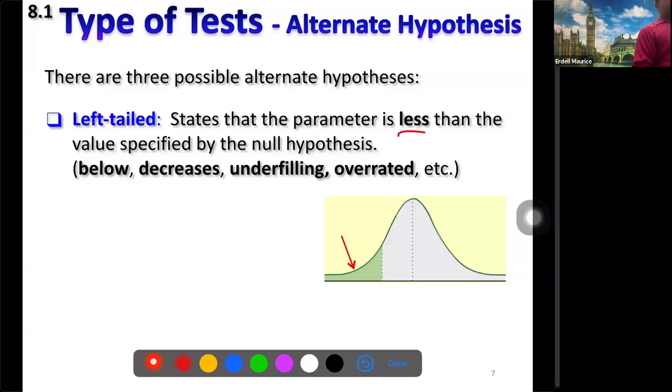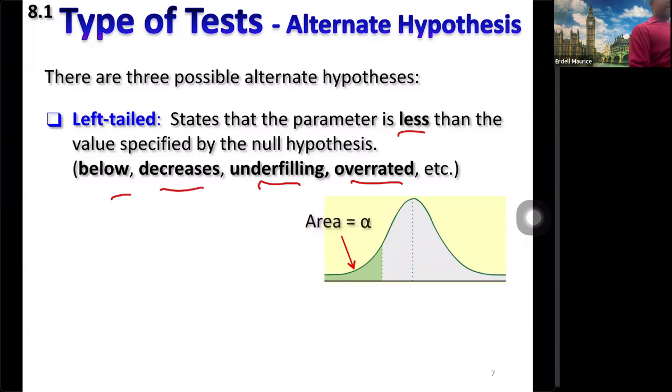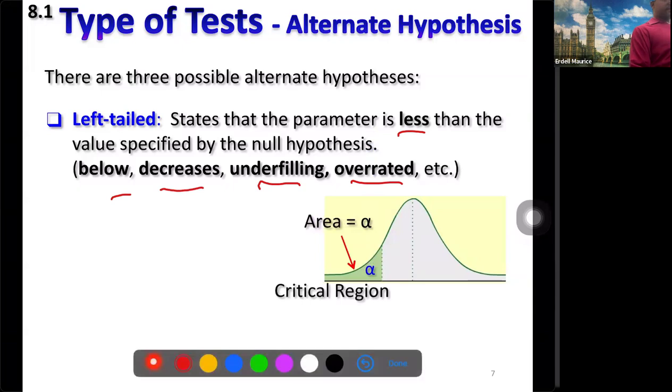When you are doing a left-tailed test, you're looking for words like less than, below, decreasing, overrated. All of these mean that we have a left-tailed test, right? The alternative hypothesis is that the true mean is less than the number that's actually claimed right now. On the other hand, you have a right-tailed test.